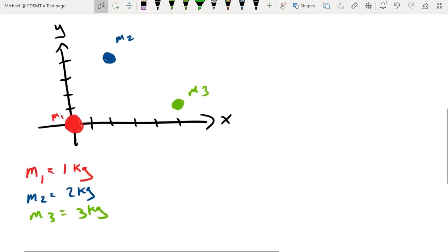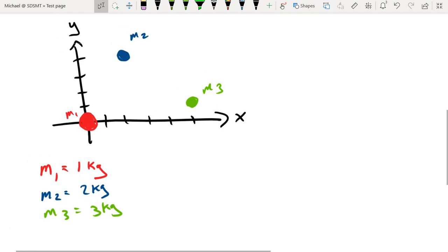So a system of particles, and given the XY axes, we have the ability to label the ordered pair for the location of each of these masses.